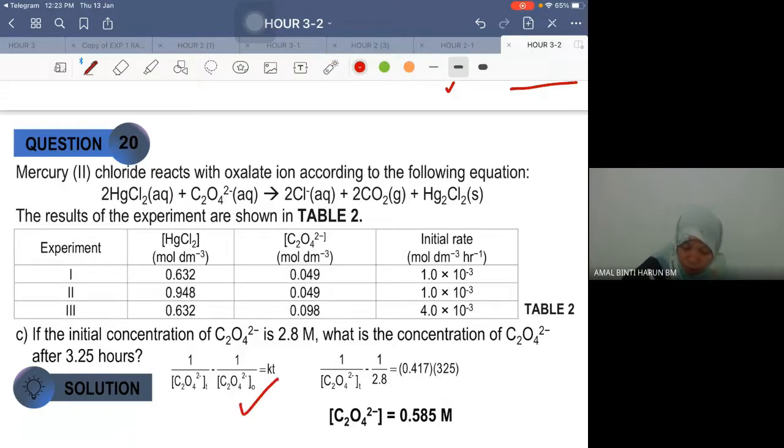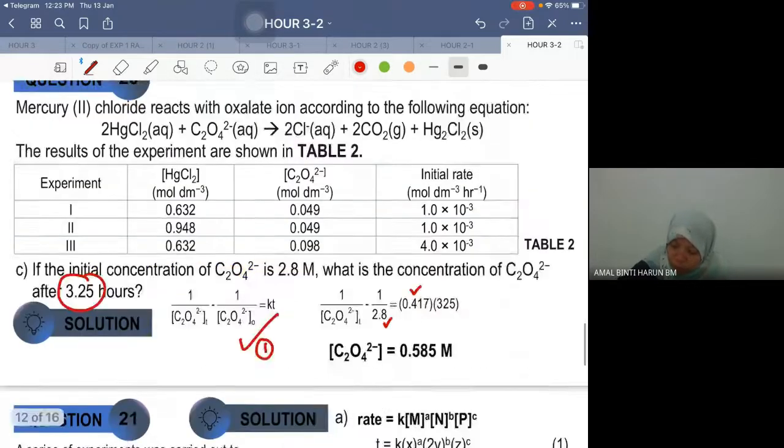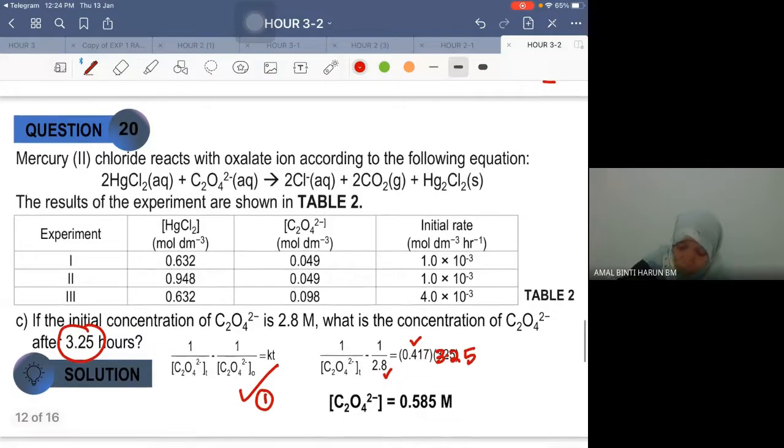Okay, writing down the formula gets one mark. Substitute the initial 2.8 molar, K, and the time, 3.25 hours. What was the unit of K just now? Molar per hour, right? In units of hour. So here, time 3.25 hours.